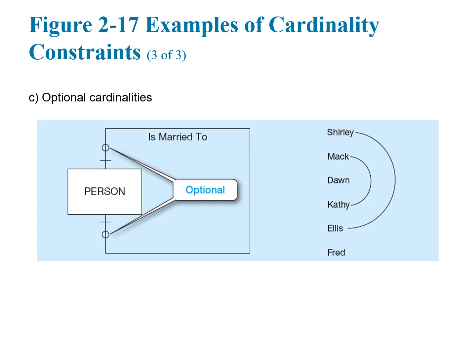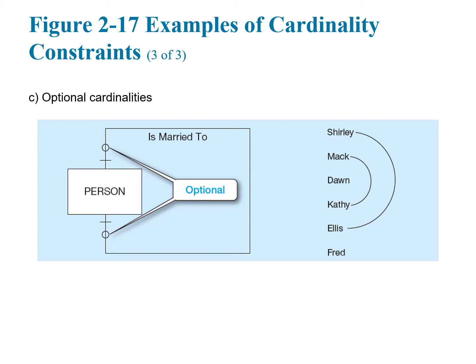Also, Pratt is not married to anybody. This is a unary one-to-one relationship. According to this, a person could be married to one or no other person. This figure rules out polygamy.